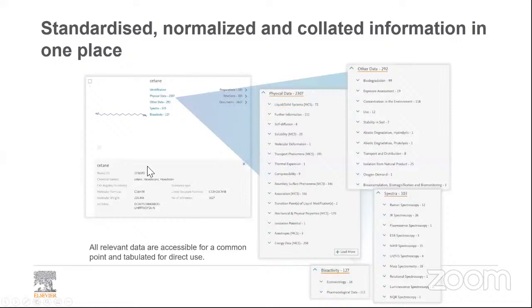All results are always standardized, normalized and collated in one place. You are getting everything in one form. When you are working with it, everything is standard. You will understand where you can get the information, how it's collected, and how Reaxys is giving this information to you.